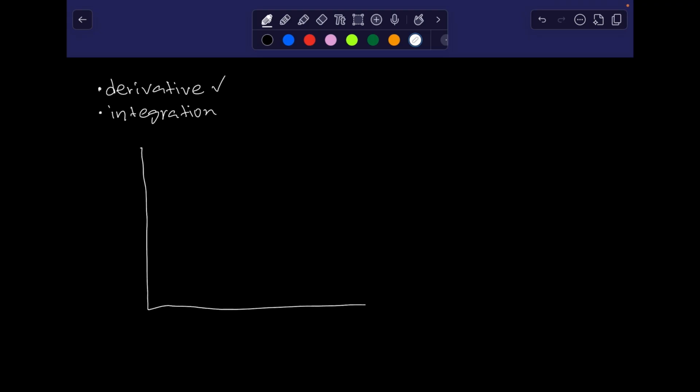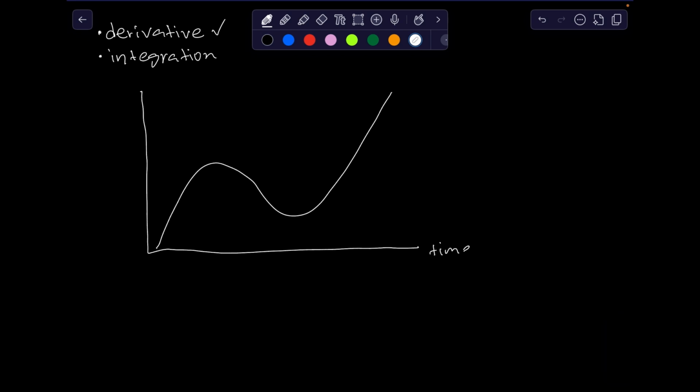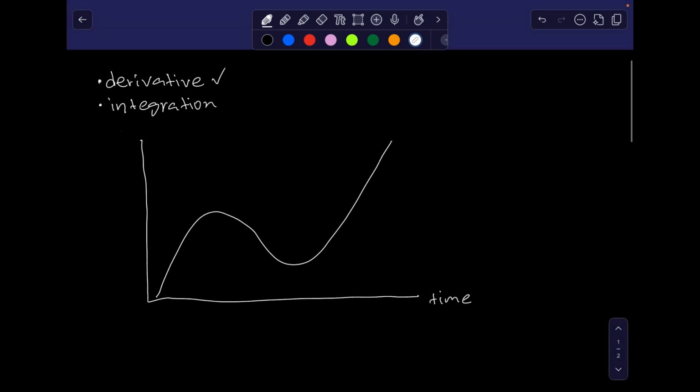So we have a graph of, let's just say, some particle. It's like some sort of cubic graph. If we're trying to find the velocity of this particle, let's say this is time, let's say the y-axis is position. I'll write this in a different color.